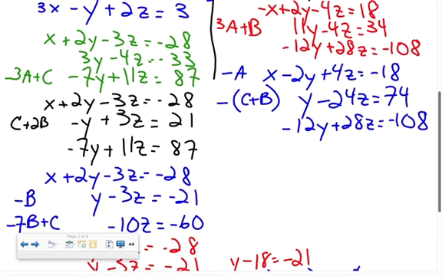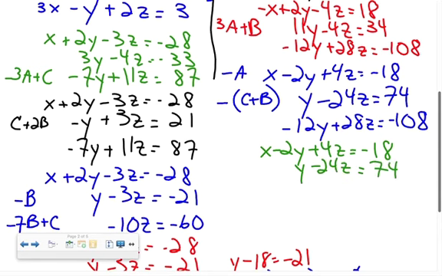And so now the last thing I need to do is get rid of the y's in my third equation. So I'm going to leave the first equation alone. Leave the second equation alone. But I'm going to rewrite the third equation as 12 times the second plus the third. And so that'll result in my y's canceling out.